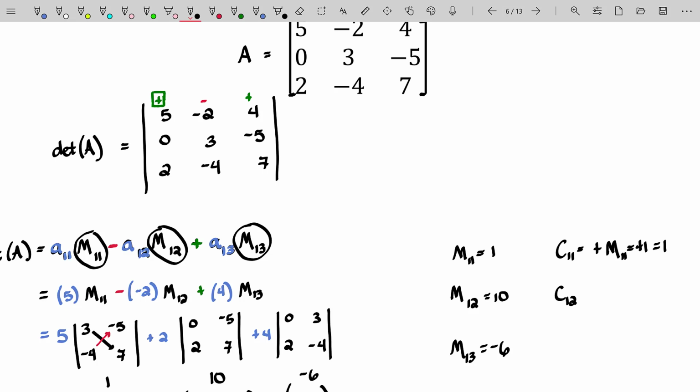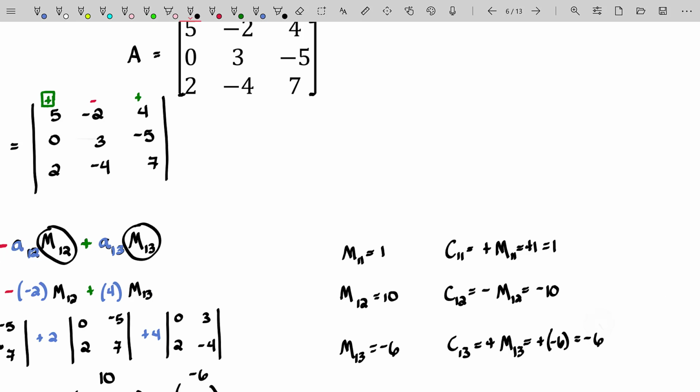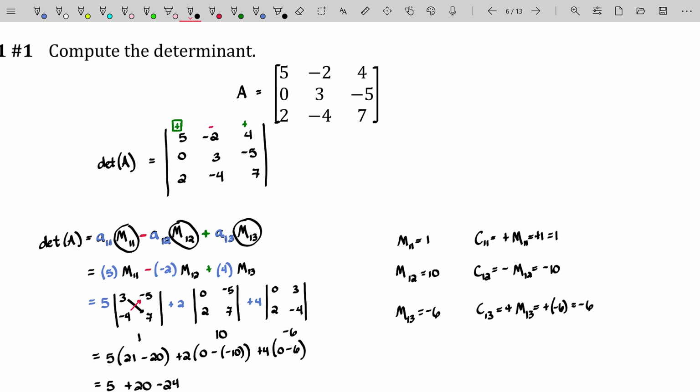C sub 1, 2, which is a negative minor about 1, 2, is going to be a -10. And we call that the cofactor of the element 1, 2. And then C sub 1, 3 is going to be a positive M sub 1, 3, which we know is a positive times a -6, which is a -6. Again, this is important within theoretical discussions, but you will not actually see me use cofactors in computations.